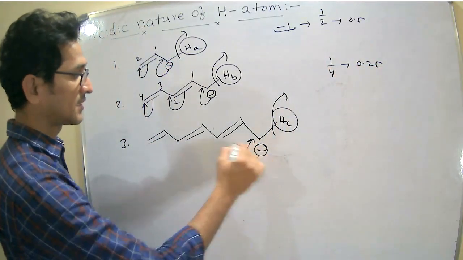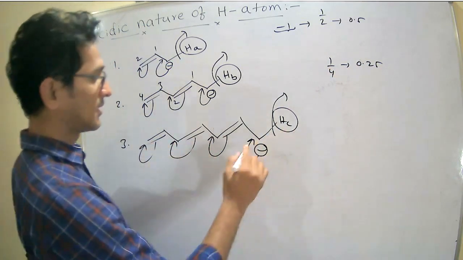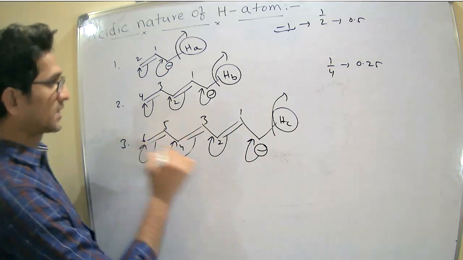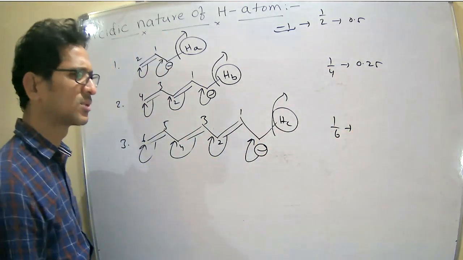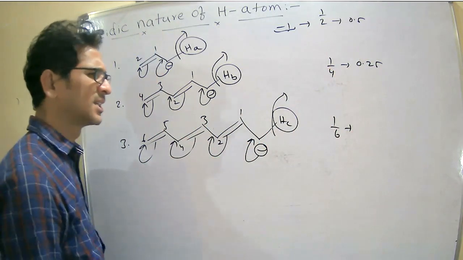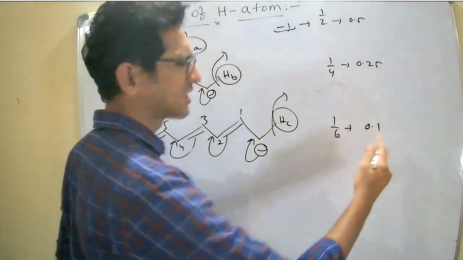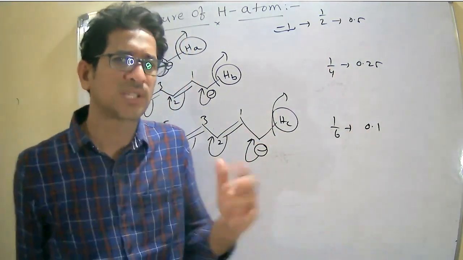Now the same here: 1, 2, 3, 4, 5, 6, so 1 by 6, which is 0.1 something.